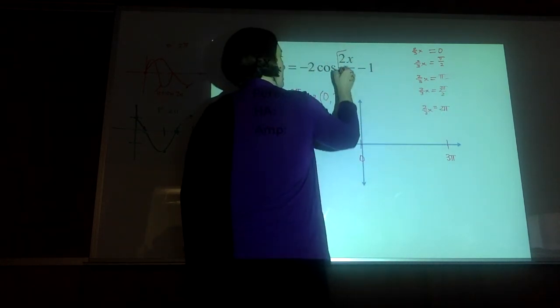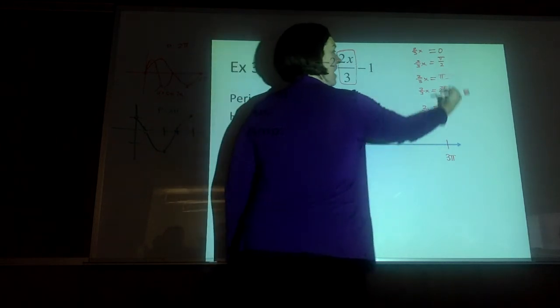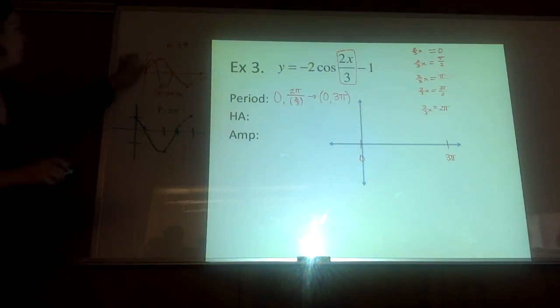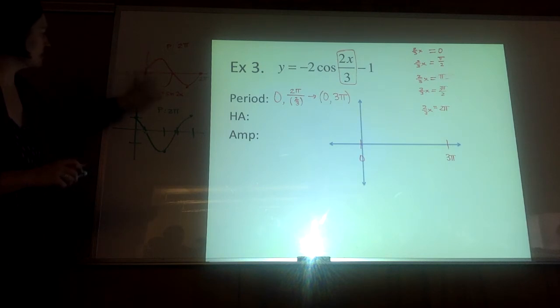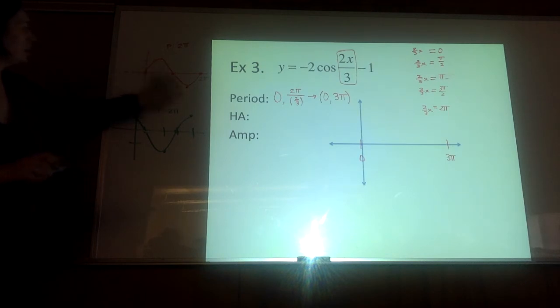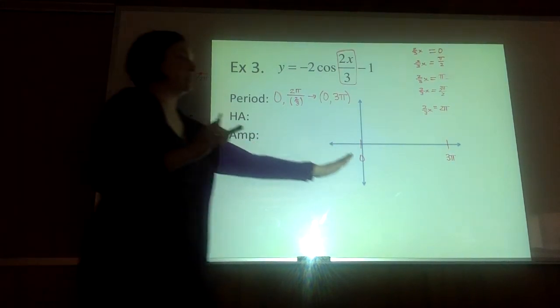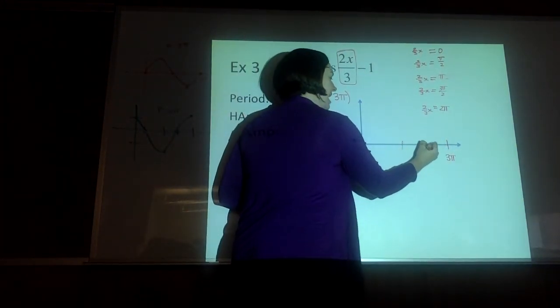I'm always setting that equal to the 5 key points that I normally have from my graph. I'm going to erase this extra one for now, just so it's not confusing. I can now solve for the 5 key points that fall along the x-axis.